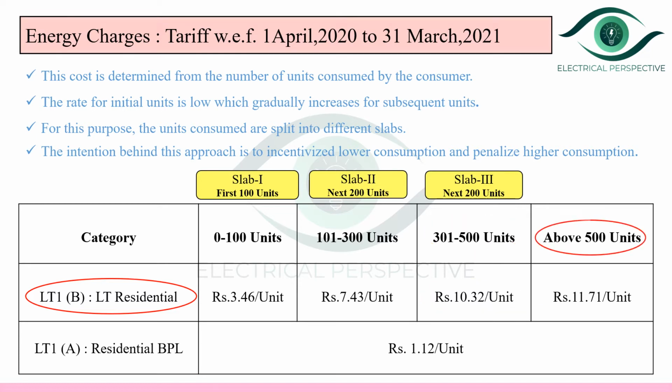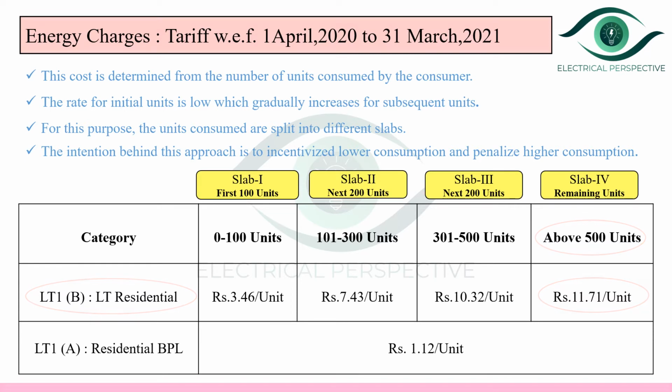If your consumption is above 500 units, then it will be considered under slab 4 and it will be charged at 11.71 rupees per unit. Now for LT1A, that is the residential BPL category, there is no concept of slabs and energy charges will be 1.12 rupees per unit.